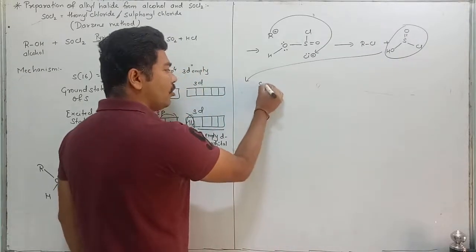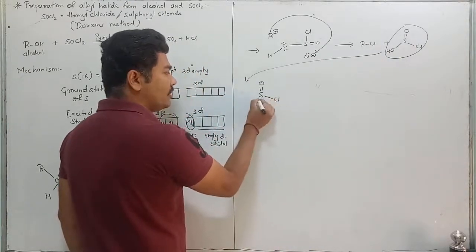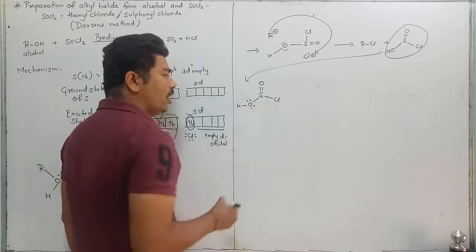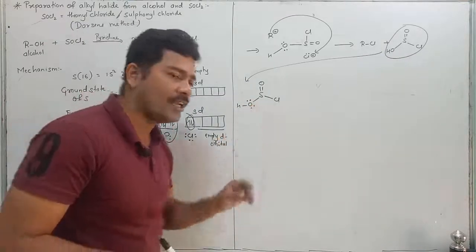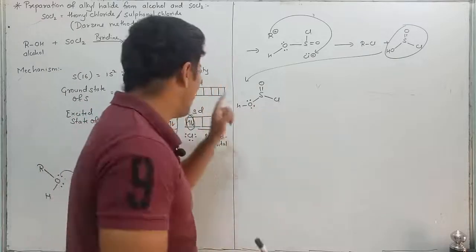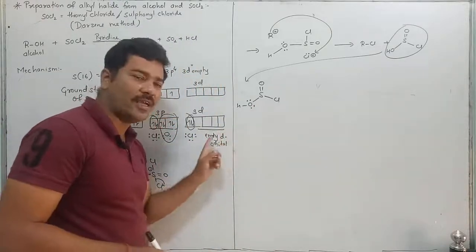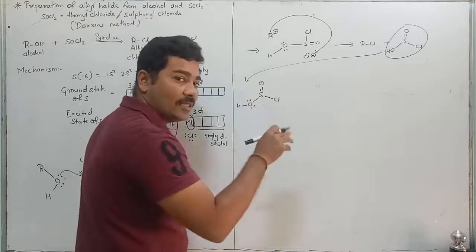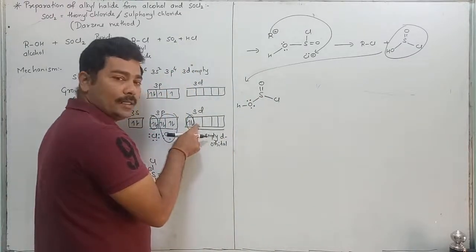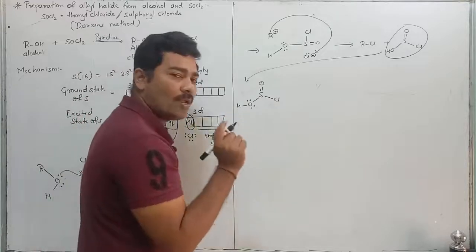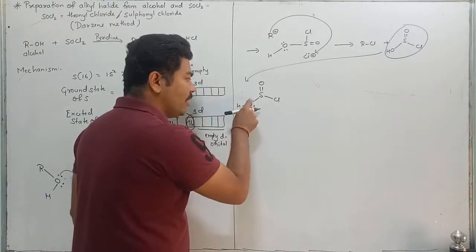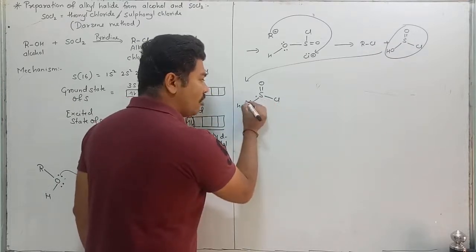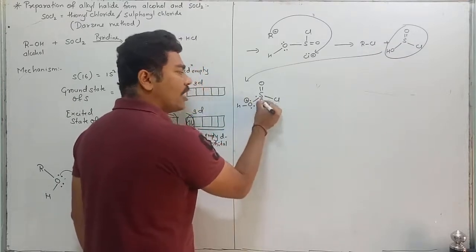S double bond O, single bond Cl, single bond OH. As we know, oxygen has 4 electrons pending and sulfur has empty d orbitals. Is it right? So oxygen donates the electron to sulfur because sulfur requires an electron in its empty space, and oxygen has 4 electrons pending. Therefore, oxygen donates this electron to sulfur and oxygen carries a positive charge, sulfur carries a negative charge.